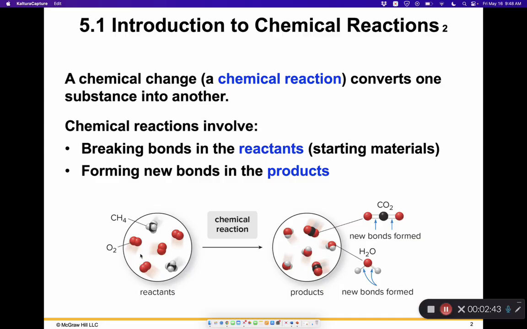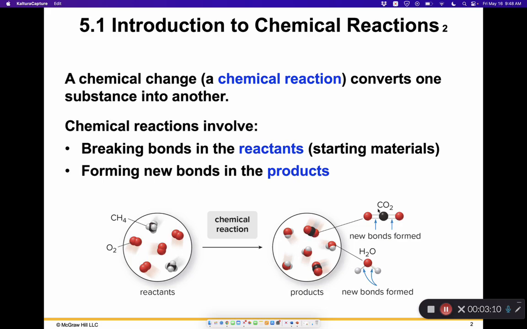Let's say in this example, we have a molecule of methane, CH4, and some molecules of oxygen. Oxygen and methane are the starting materials, right? We call them reactants. When they combine with each other, the bonds between carbon and hydrogen break and new bonds between carbon and oxygen form.